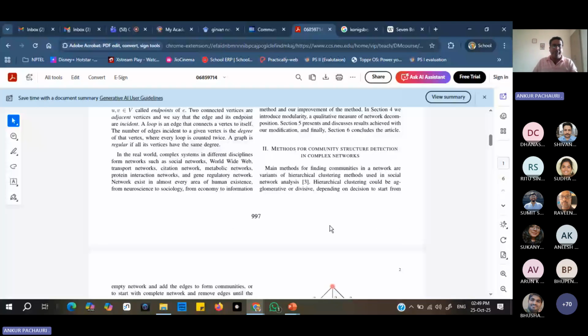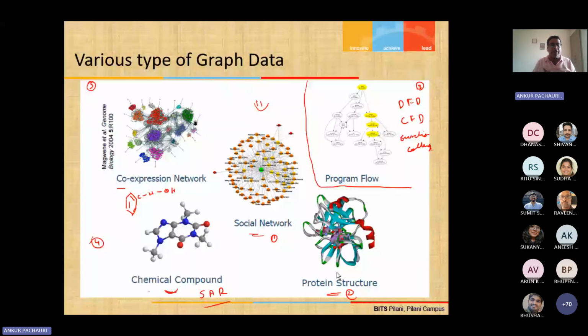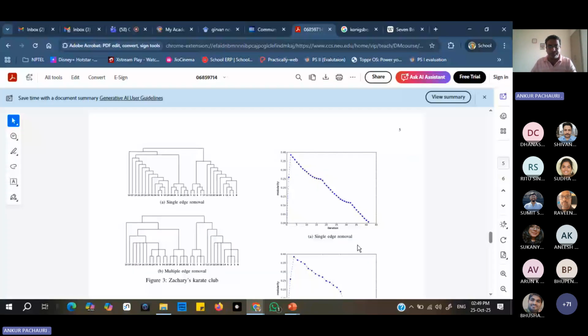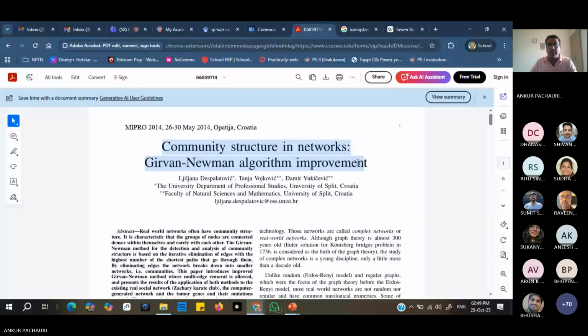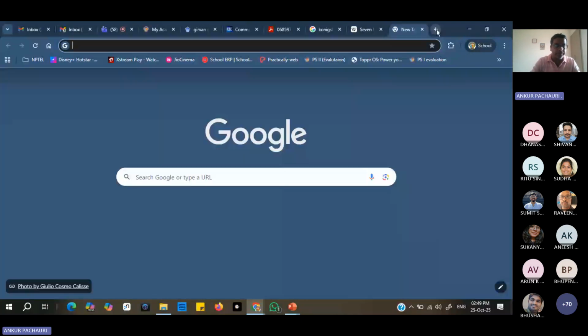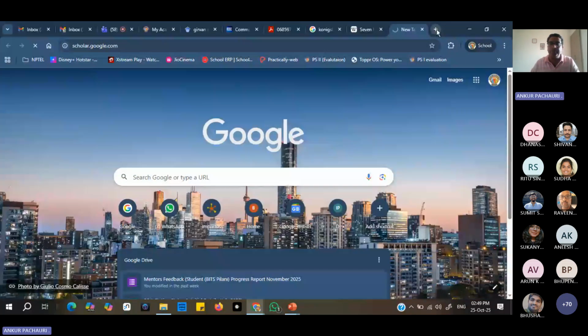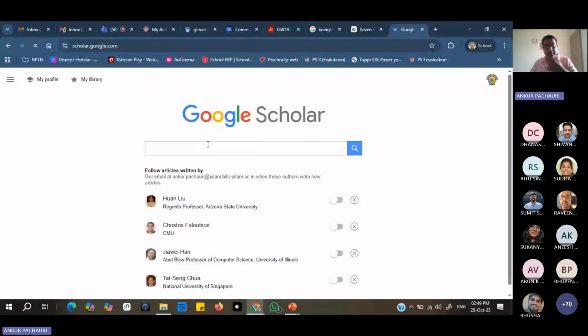Now, if I wish to construct a graph out of it, just have a look. When I copy and paste this paper on Google Scholar, what will I get?